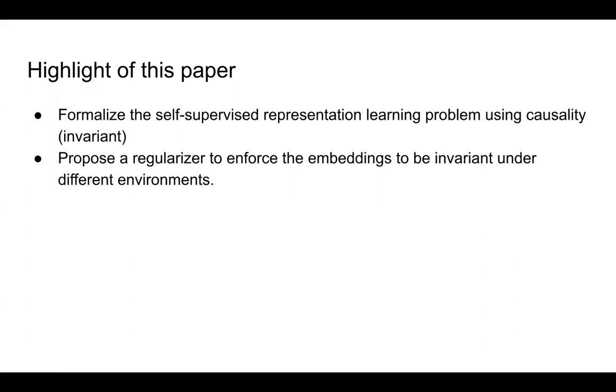Because there are a lot of faces of causality. Some traditional causality problems are more like we want to know the effect of some treatment or some action. People also try to model causality in the sense that in spite of the changing environment, there is something that does not change.